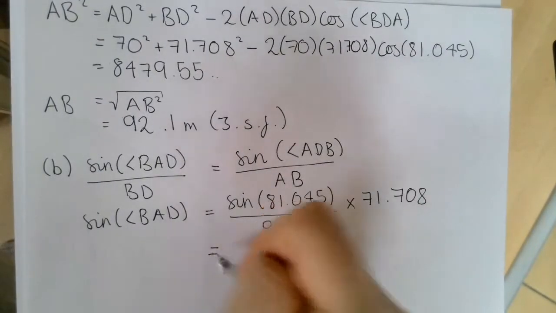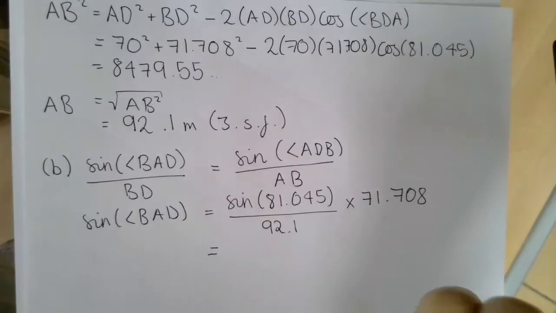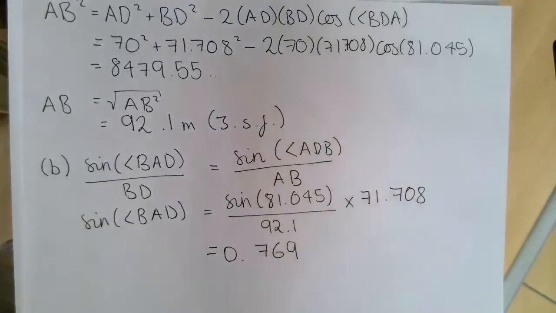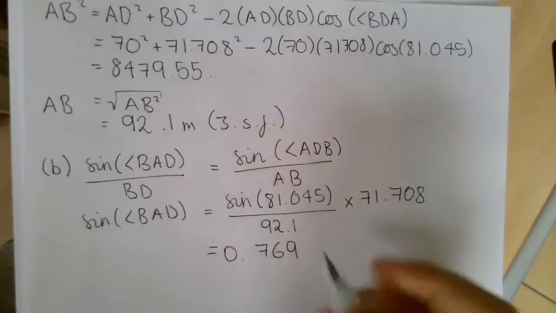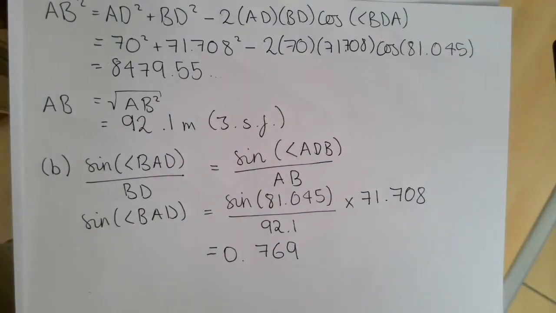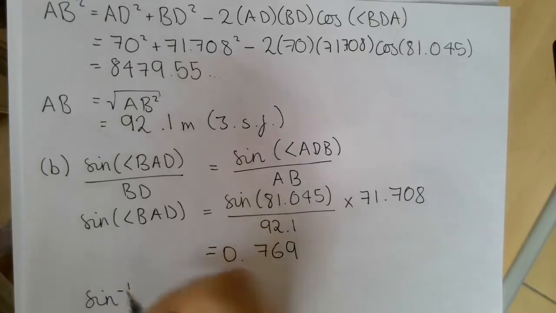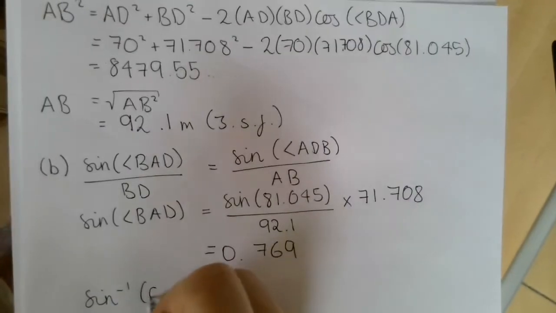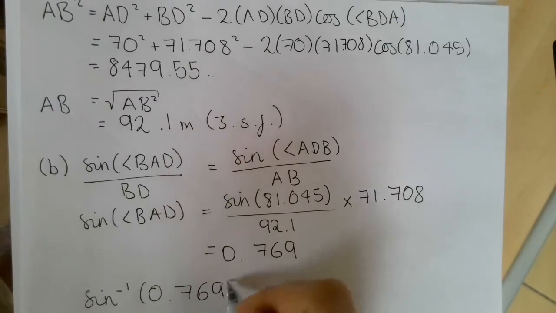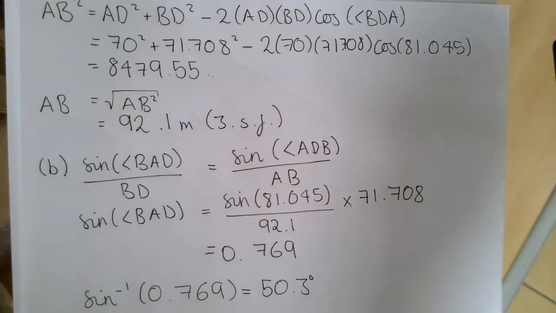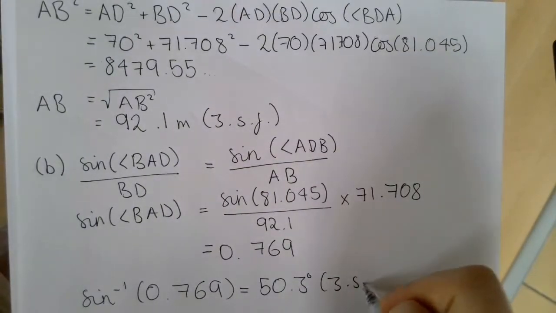When you put that into your calculator, you should get 0.769. So sine of angle BAD is equal to 0.769, which means to find the angle BAD, we're going to do sine inverse of 0.769, which is equal to 50.3 to 3 significant figures.